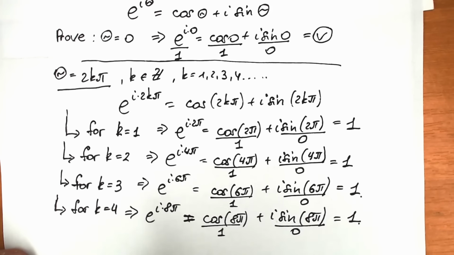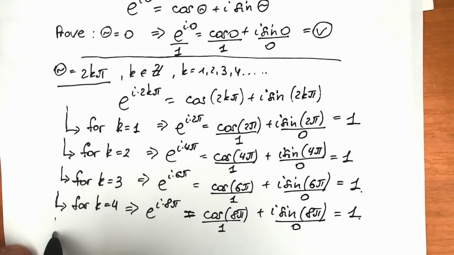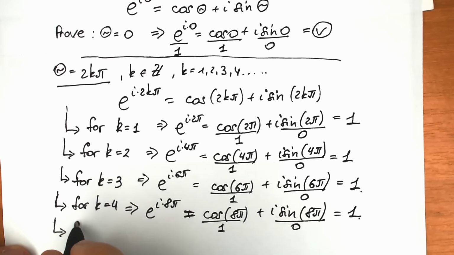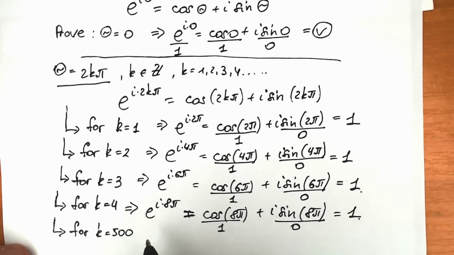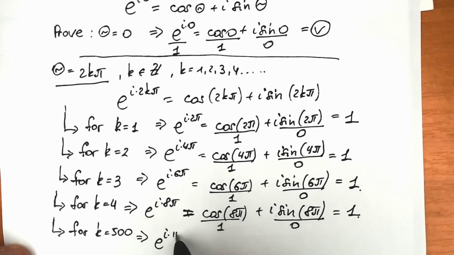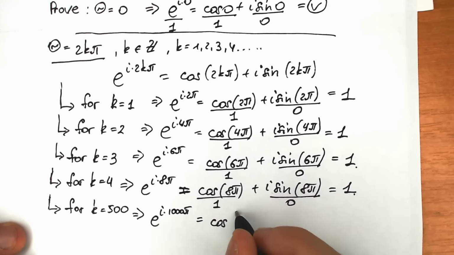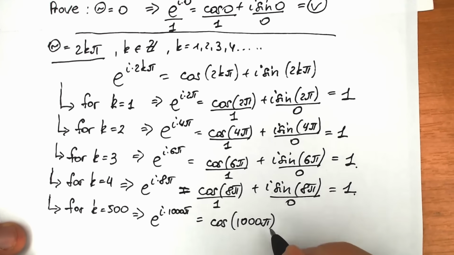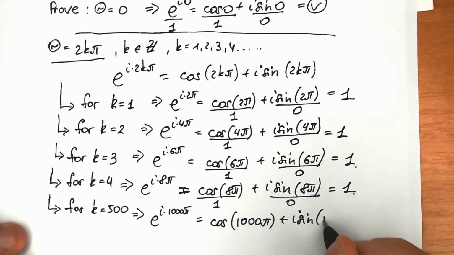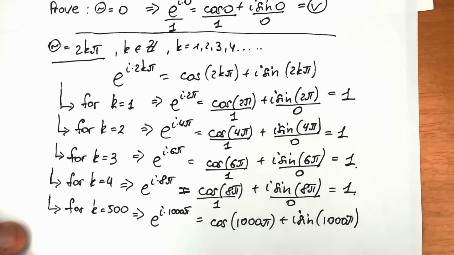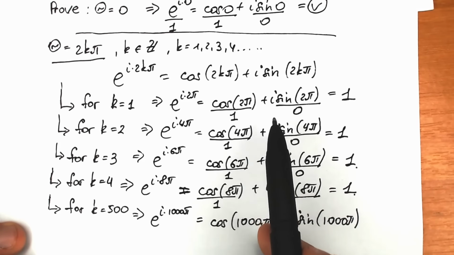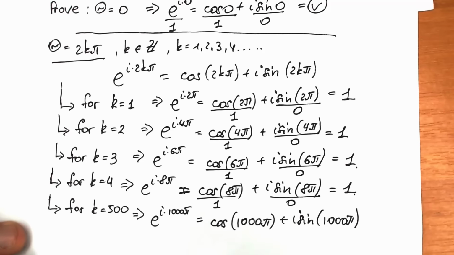But for those who are interested, for example, who don't trust me, let's look at this final step. For k, let's go with 500. What will happen right like that? e to the power i times 500 times 2, we have 1000π, equal to cosine 1000π plus i sine 1000π. Cosine 1000π is like the same as cosine 2π, but we have the period, we jump to this point like 500 times.